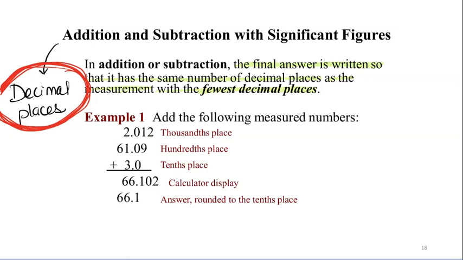So in some instance you may have utilized something that didn't have as much resolution. That's why, if you're taking measurements and you have to add or subtract them, the answer has to have the least number of decimal places. So that final answer represents that you might have used an instrument that doesn't have as good a resolution.